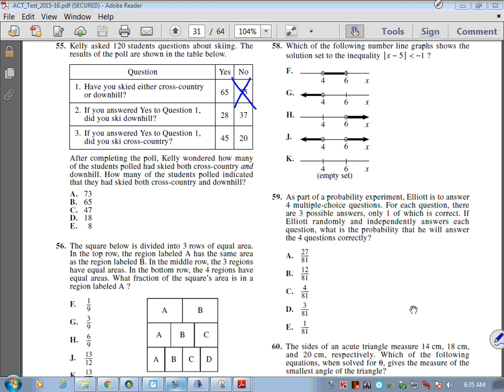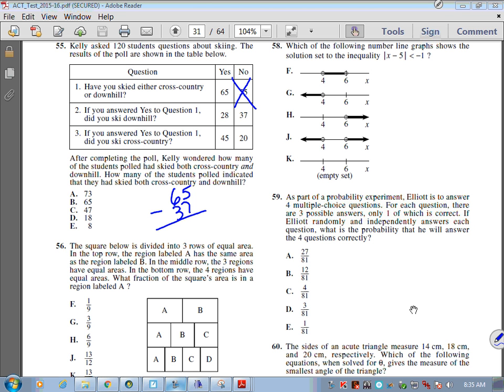We want to know the people that skied both, correct? Now we're looking at just the second question. Of the 65 people, we're going to subtract these 37 people, because we want to know how many people skied both.